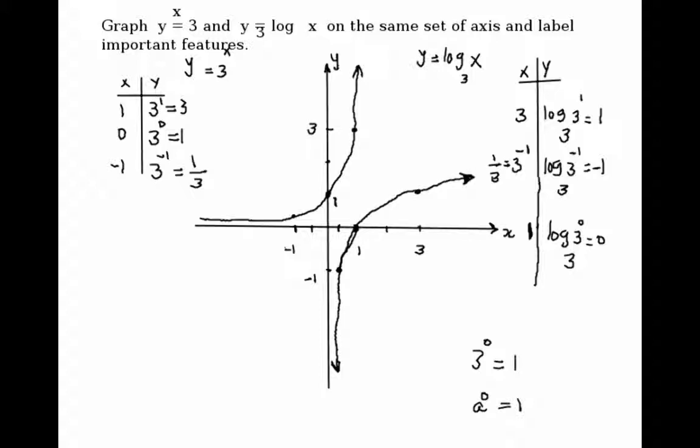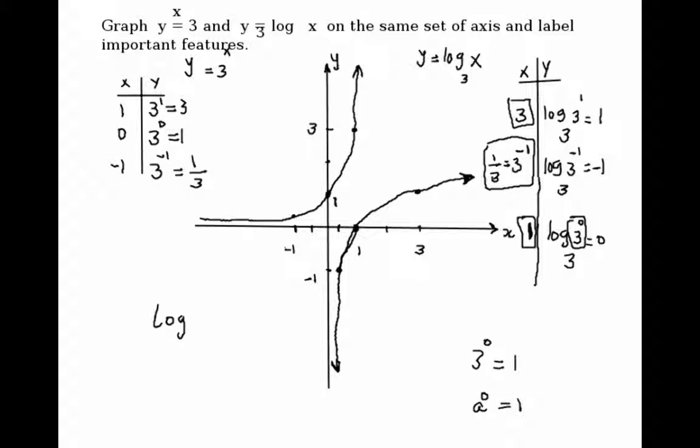So I picked these numbers: x equal to 3, x equal to 1/3, and x equal to 1. And then I replace 1 with 3 to the power of 0, so I can use this property. Let me write this property one more time here.